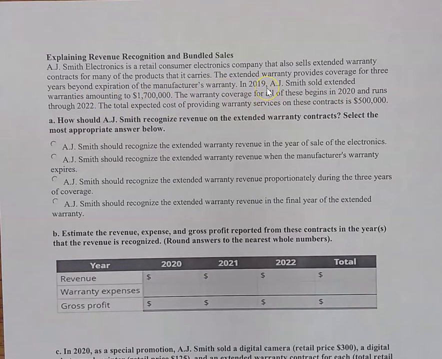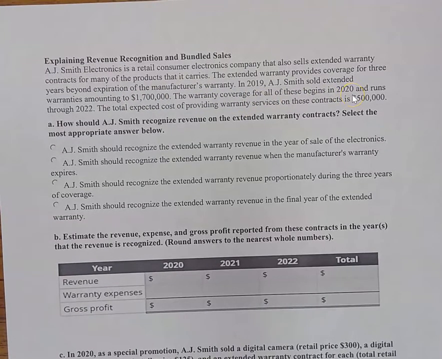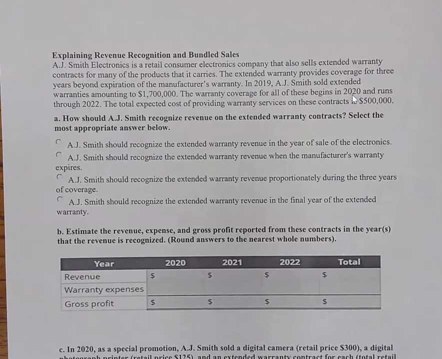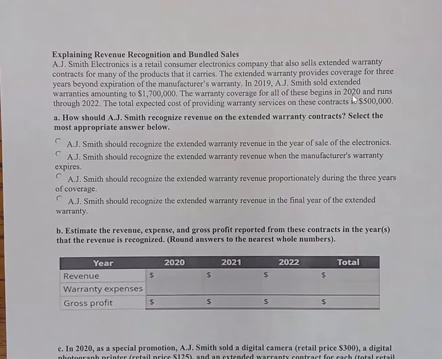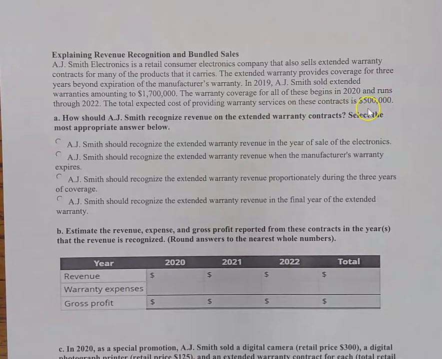In 2019, AJ Smith sold extended warranties amounting to $1.7 million. The warranty coverage for all of these items would then begin in 2020 and run through 2022, 3 years. The total expected cost of providing warranty services on these contracts is $500,000.